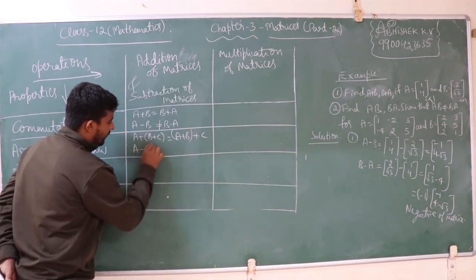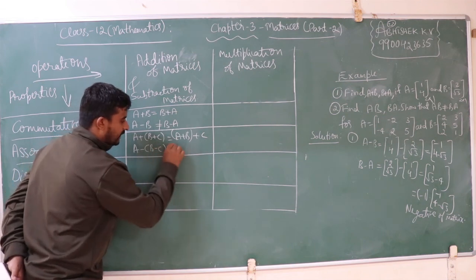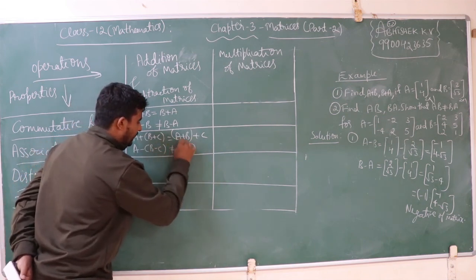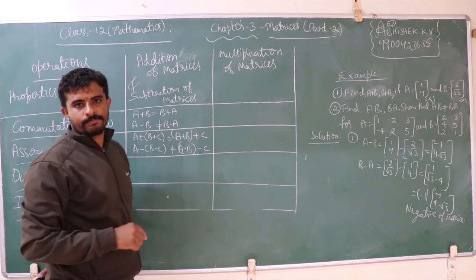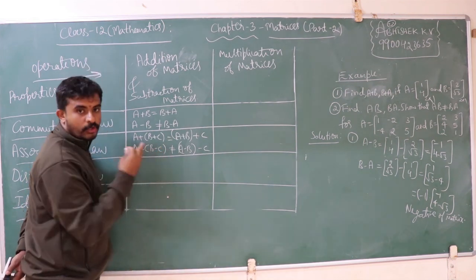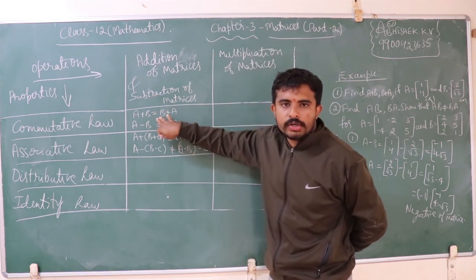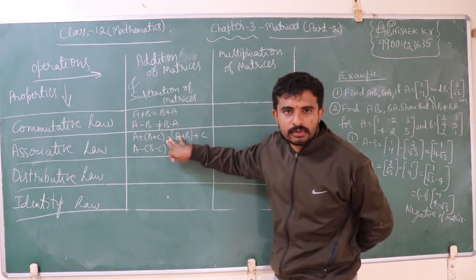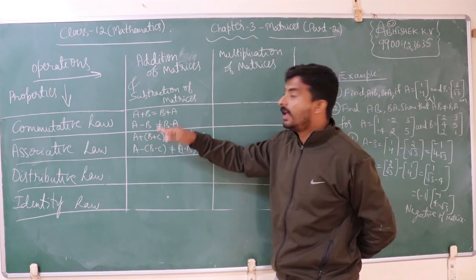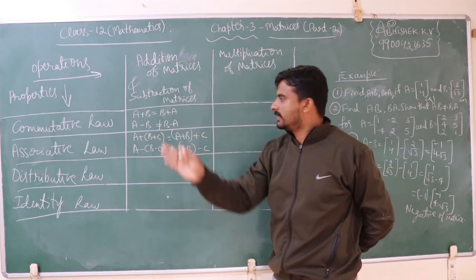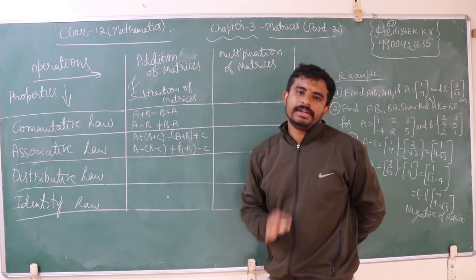That is, A minus of B minus C is not equal to A minus B minus C. I left it for you only. Check it out. Therefore, the commutative law and associative law hold for addition of matrices. In case of subtraction of matrices, both commutative and associative do not hold.